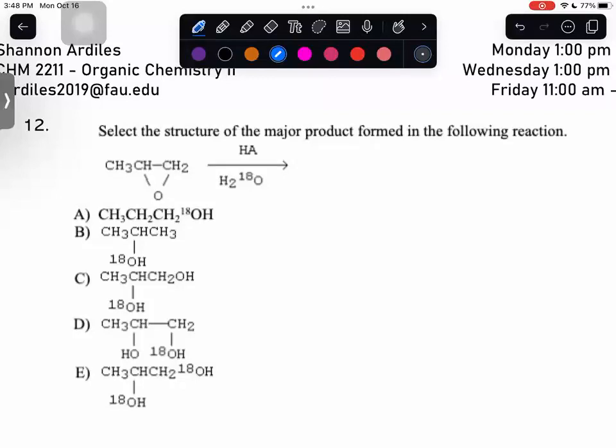Okay, did we get an answer for this one? Yes, no? Anyone? Did anyone give it a try? B and C, okay. You guys are wrong. You're still wrong.